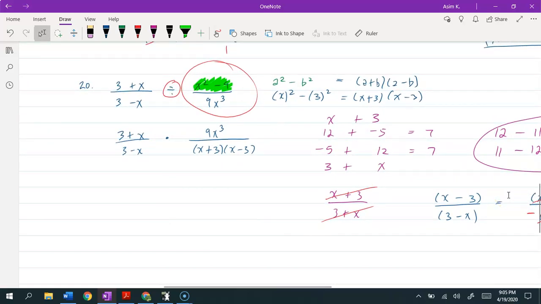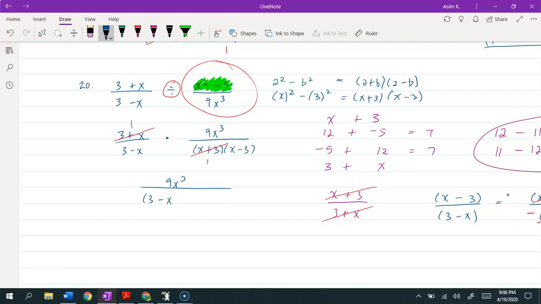Okay, now, back to our problem and our final problem, really. So in number 20, when we ask, can 3 plus x cross off with x plus 3? Yes, it certainly can. And that's essentially all we have left over, really, right? So you've got 1 times a 9x cubed, which is just 9x cubed. And in the denominator, here's what's interesting.